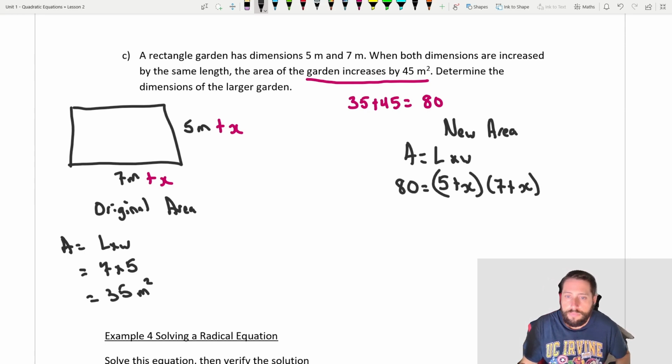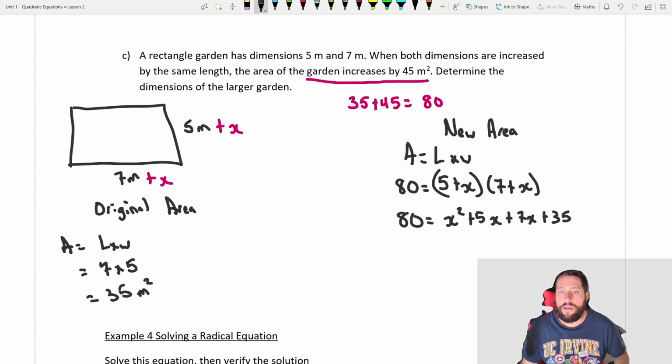Okay, so let's expand the brackets first. So we get x squared plus 5x plus 7x plus 35. Okay, combine like terms and move everything over. So that's going to be 80 is equal to x squared plus 12x plus 35.